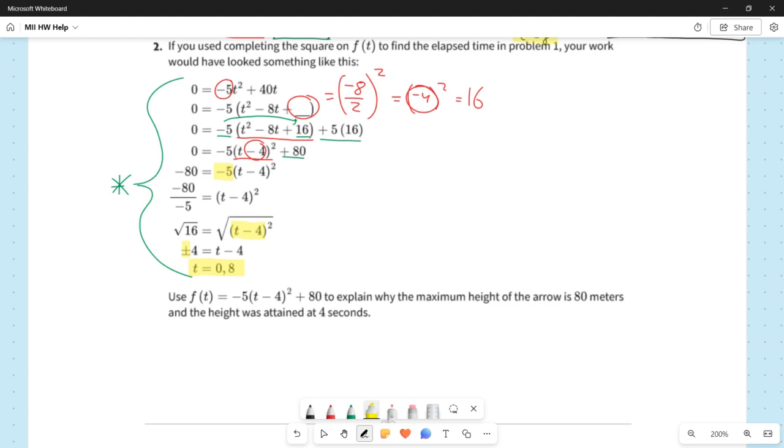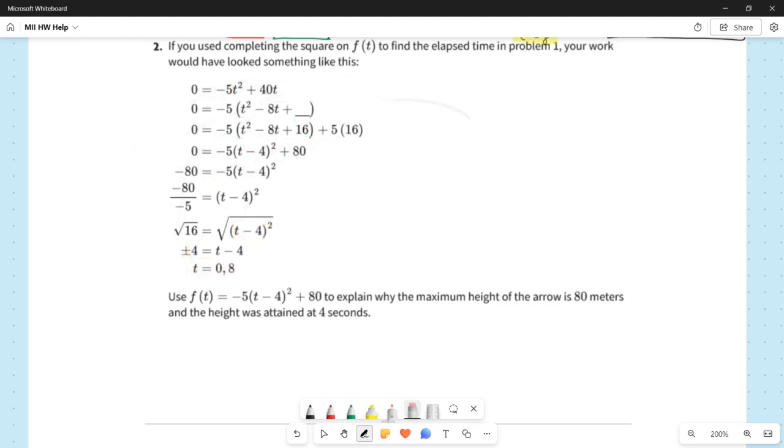So, the remaining directions say use f of t equals negative 5 times (t minus 4) squared plus 80. I'm going to erase all of these notes and all this other stuff. Notice that they're talking about this piece right here.